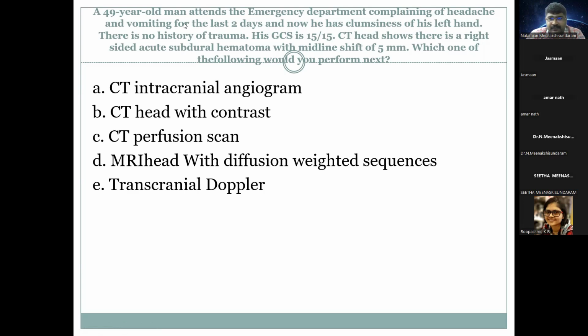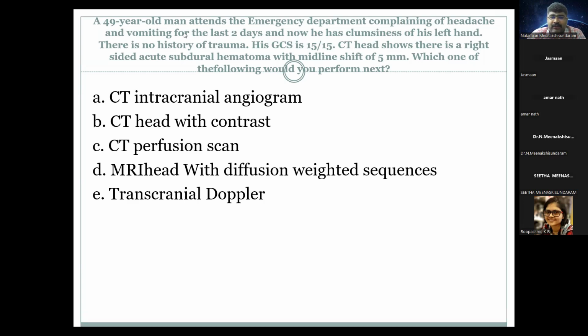That is not in the options. Can you tell me which aneurysmal rupture can present with acute subdural hematoma in addition to subarachnoid hemorrhage? There are only some 4 or 5 vessels that present with acute SDH.